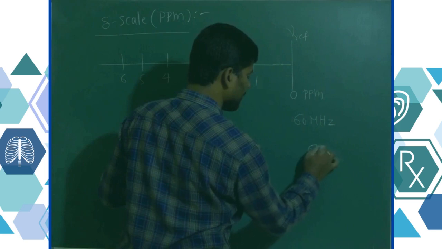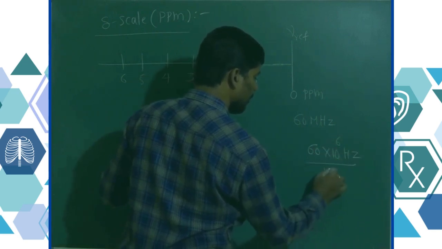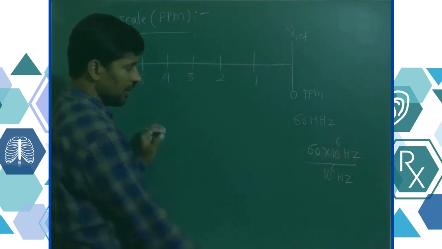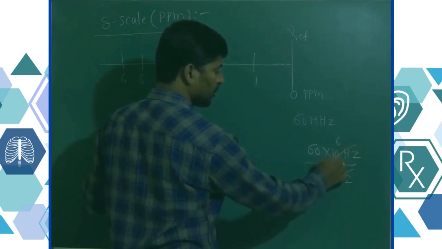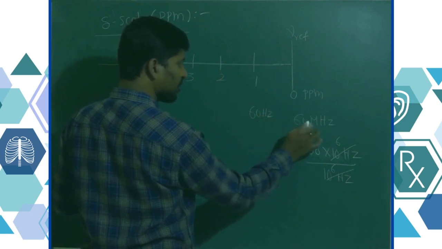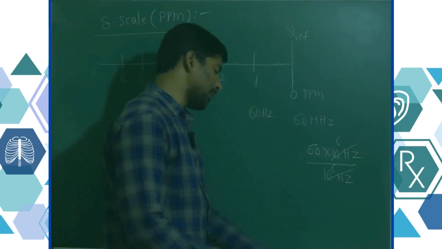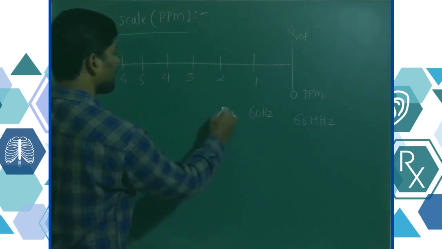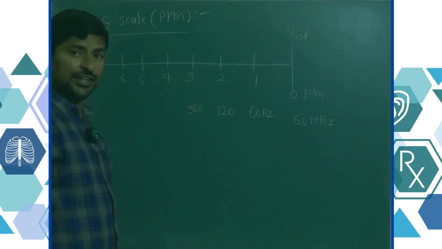What does 1 ppm indicate? If you divide 60 million hertz into a million parts, what will we get? 60 into 10 power 6 hertz divided into a million parts, 1 ppm means part per million, so we get 60. That means on a 60 megahertz instrument, 1 ppm indicates 60 hertz. 2 ppm indicates 120 hertz. 3 ppm indicates what? 180 hertz.